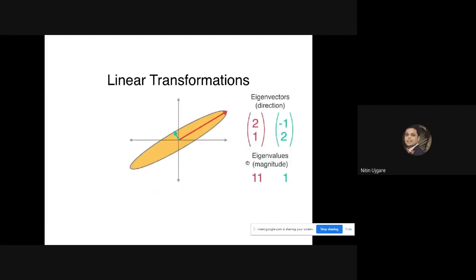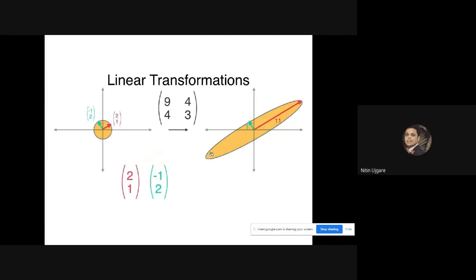If I calculate the magnitude of these two eigenvectors, this eigenvector has magnitude value 11, and this eigenvector has magnitude value 1.